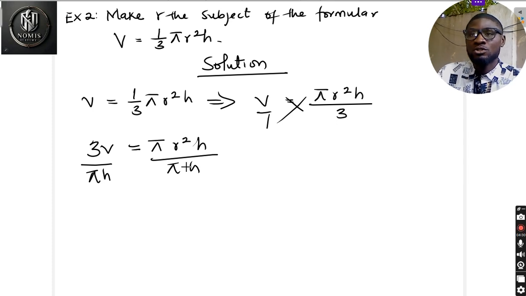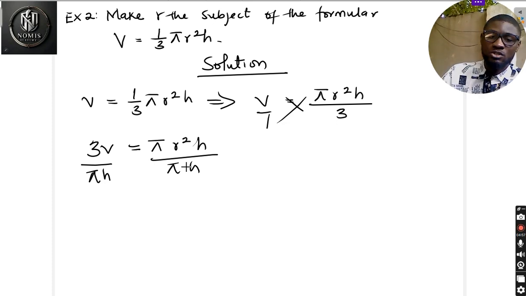So whatever is done to one side must be done to the other, and vice versa. This is important to justify that it is an equation.